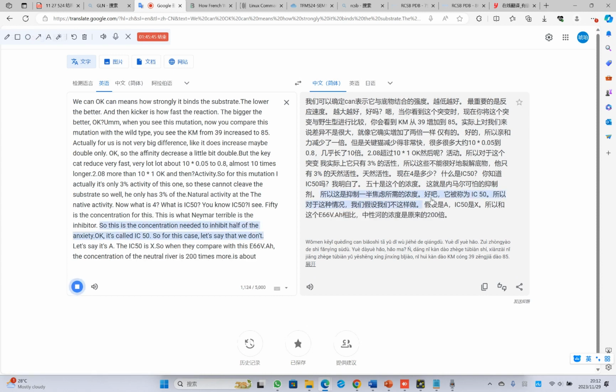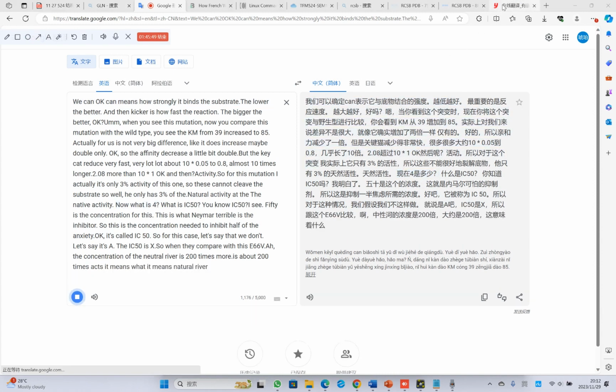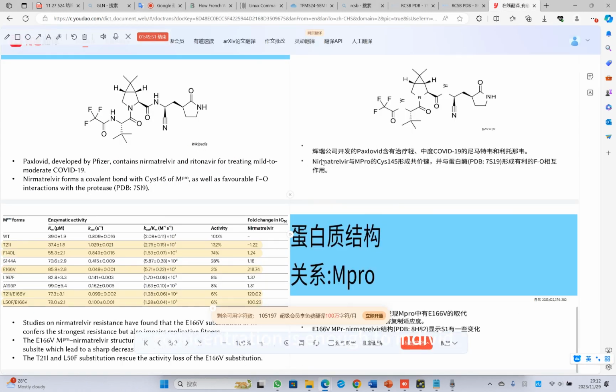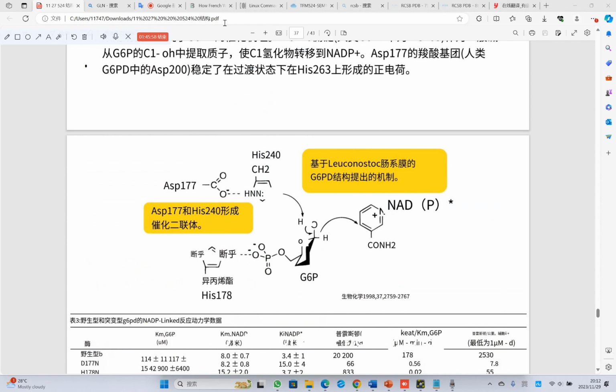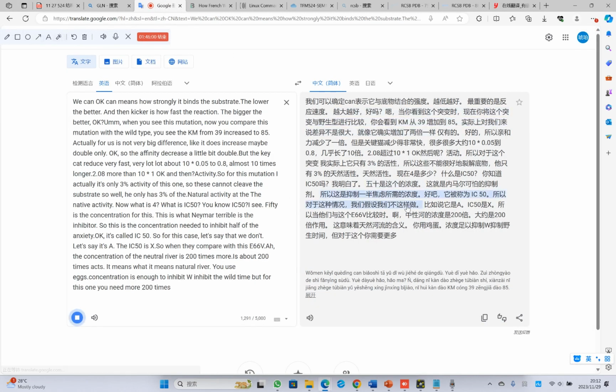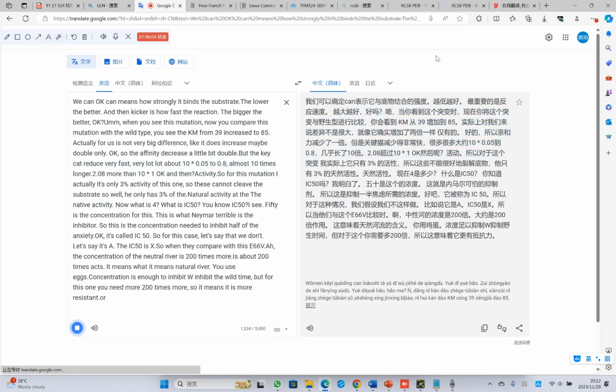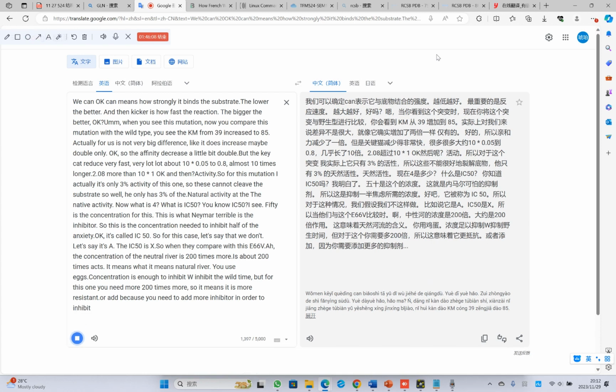It's about 200 times X. It means what? It means nematrelvir, you use X concentration is enough to inhibit, but for this one, you need more, 200 times more. So it means it is more resistant already. Because we need to add more inhibitor in order to inhibit this one.